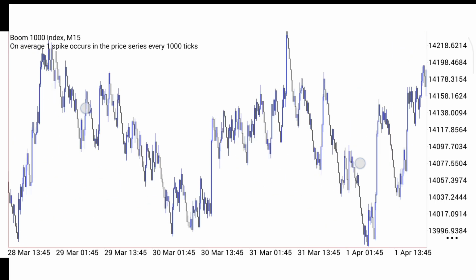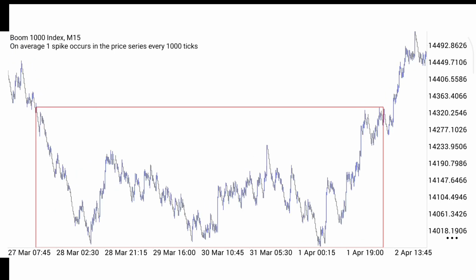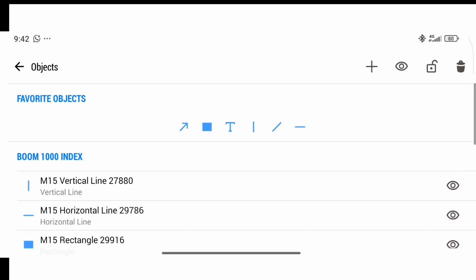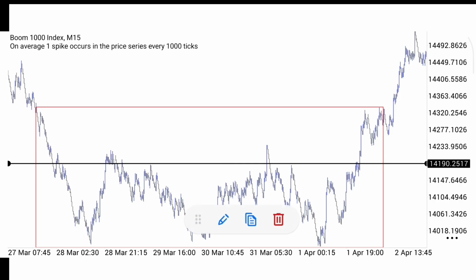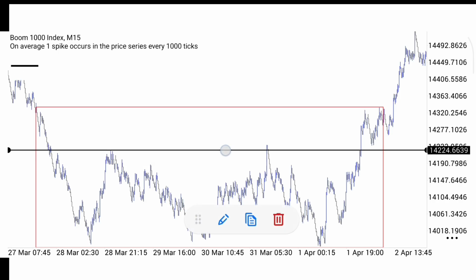So when you see something like this, if you have been trading the market for some time, or you have been understanding some things in the market, you know that trends start with a three-step move.